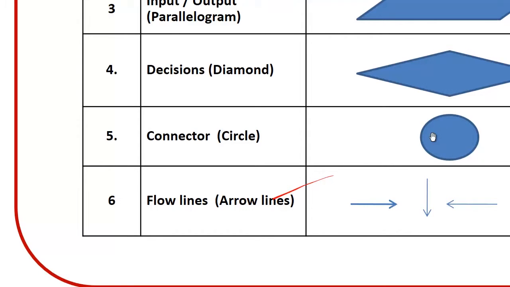This is a connector symbol which connects one segment of a flow chart to another. We can mark some symbols on this connector circle symbol.